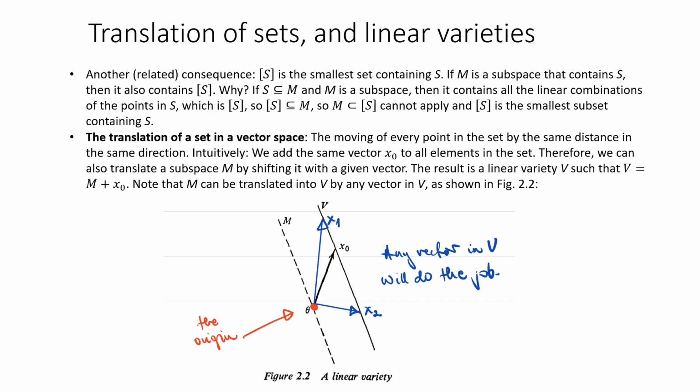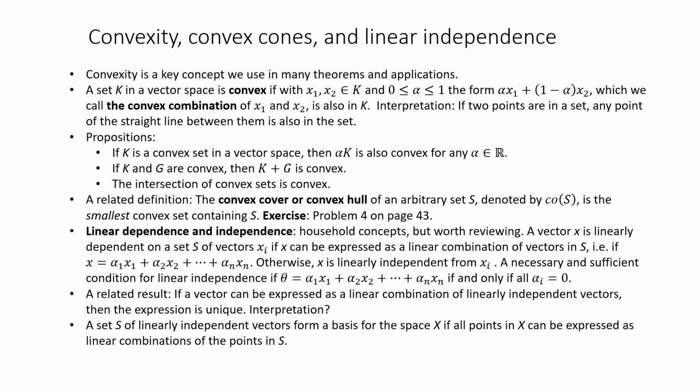So any vector in V does the job of the translation. This is an introductory course, so no surprise. We go on with basic concepts like convexity, convex cones, and linear dependence and independence.